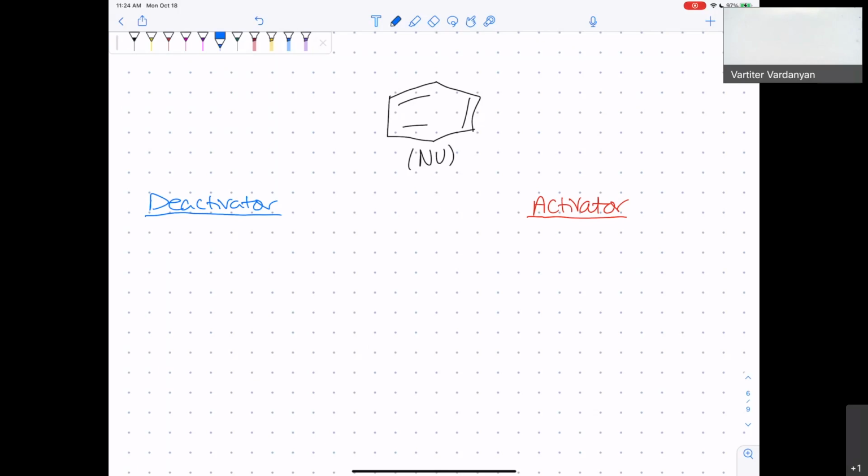But the big thing that we want to take away is electron donating groups make nucleophiles more active. So I'll write that down for you. Electron donating groups make nucleophiles more reactive. And why is that?